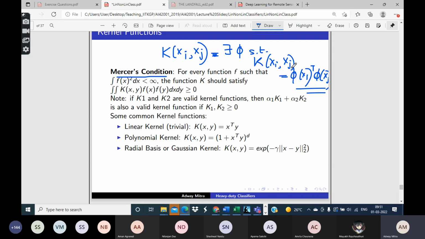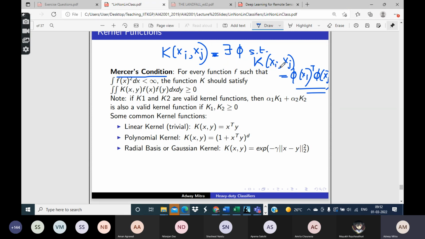Even though I may not know what that phi is, this much I know: if K satisfies certain conditions, then there does exist some phi, which I don't know, for which this will happen.